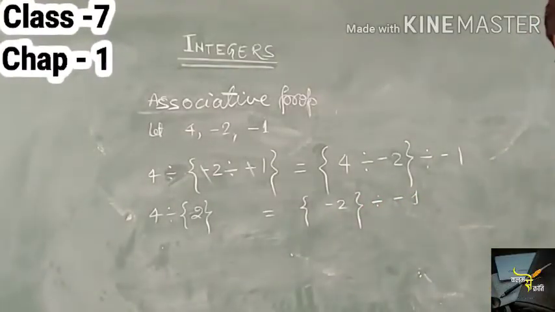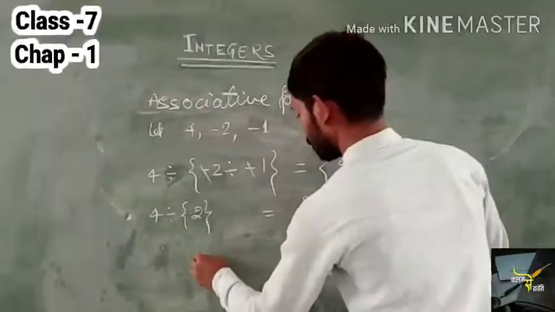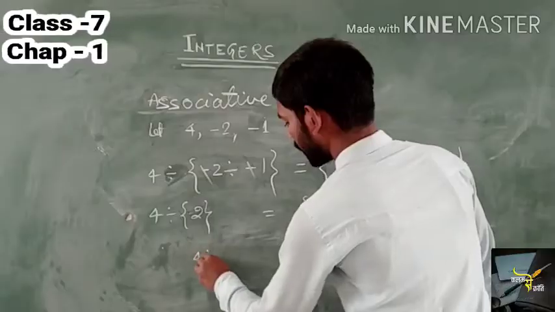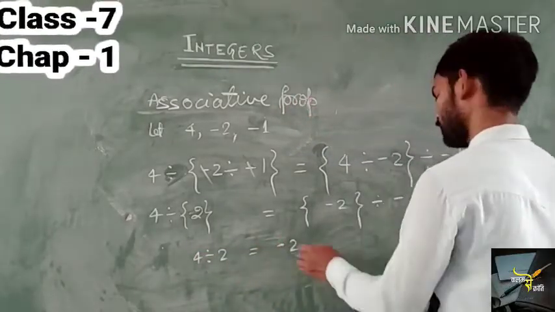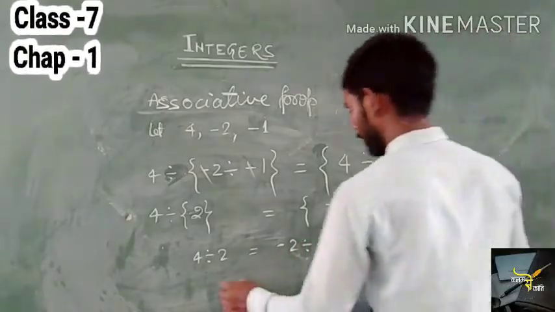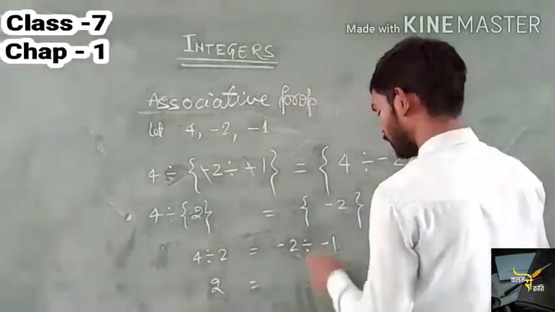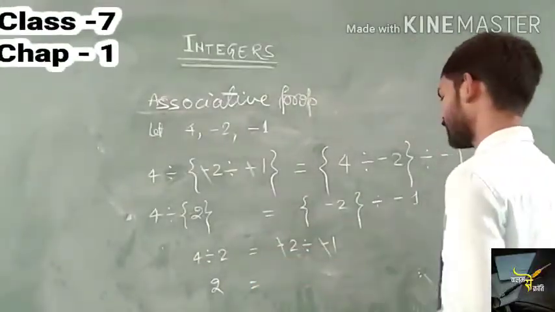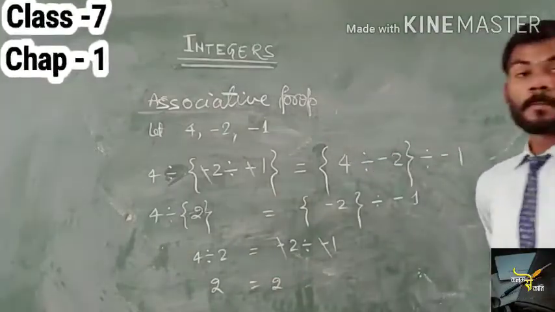Okay, so here we get 4 divided by 2 is equal to minus 2 divided by minus 1, and here we get 2 fours are 2, and minus and minus cancelled out, and here we get 2 ones are 2.